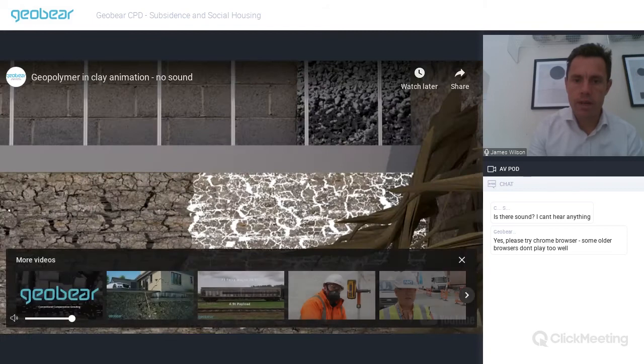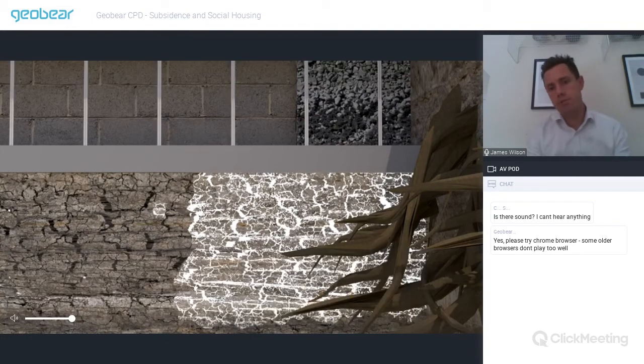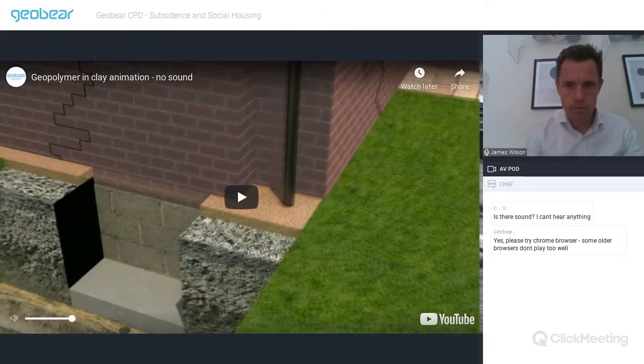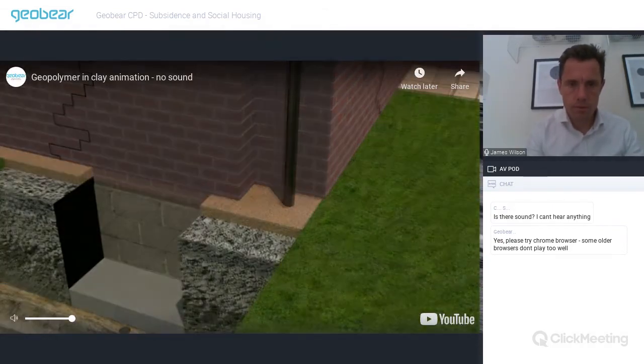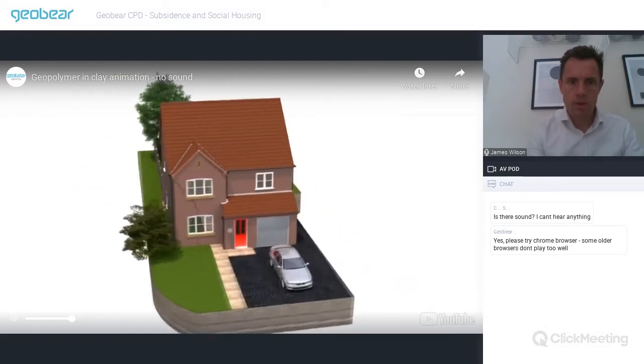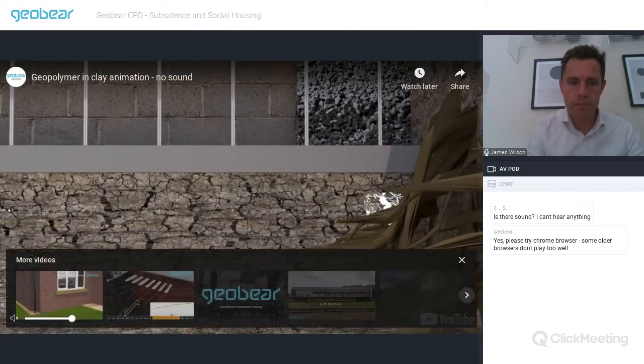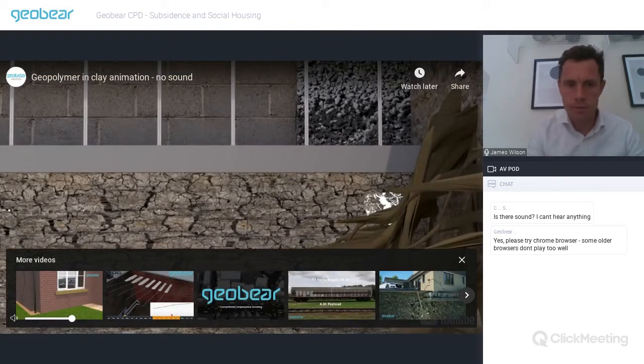But another advantage as well is you wouldn't necessarily have to remove that tree. So you can see that you can just go back to that video. So I'll just quickly skip on. So you can see you have root depths here. You have the depth of the roots.